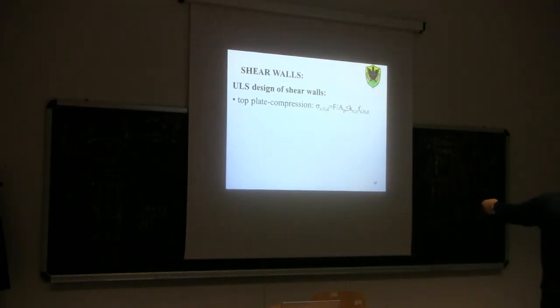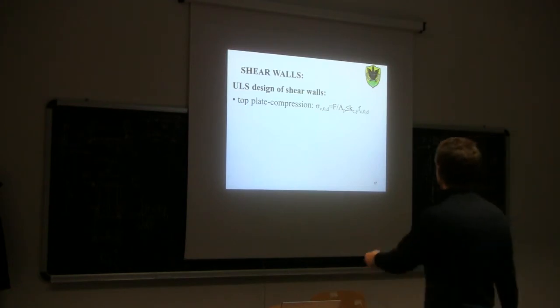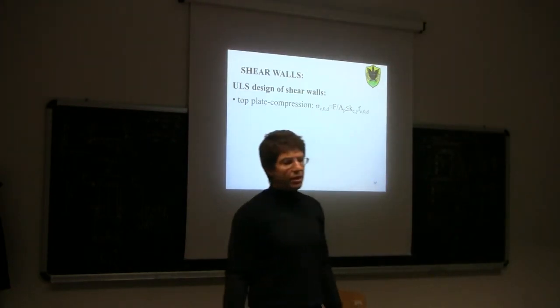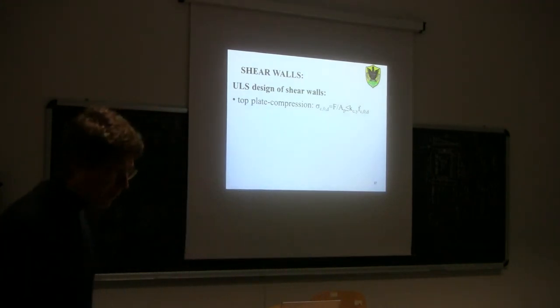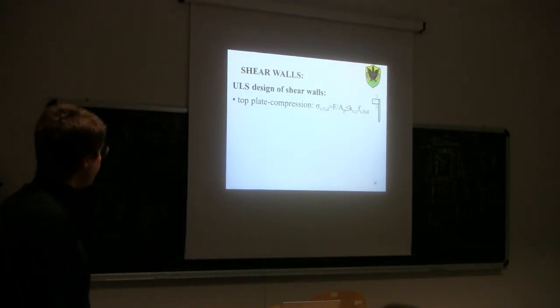And this shall be less than or equal to kcy times fc,0,d. fc,0,d is the design strength of wood parallel to the grain in compression. And kcy is the reduction coefficient due to flexural buckling around y.